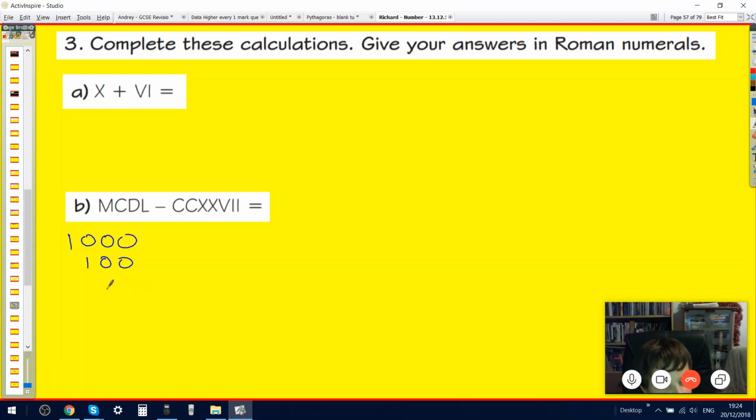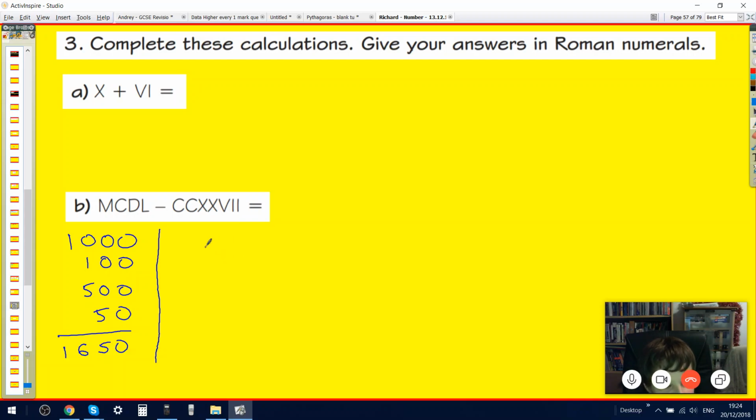D equals 500. And L equals 50. And so if you add all those numbers together, you would get 1,650. Okay.